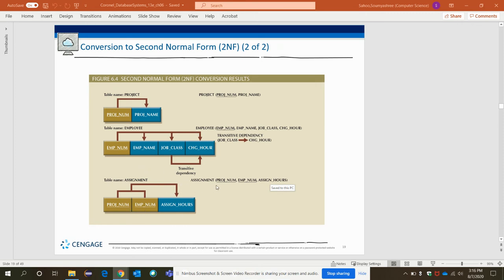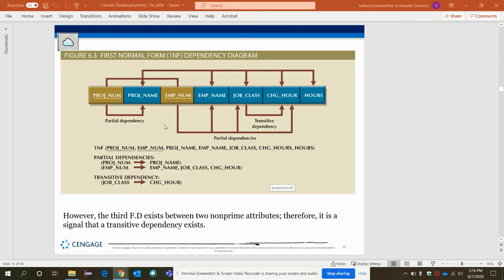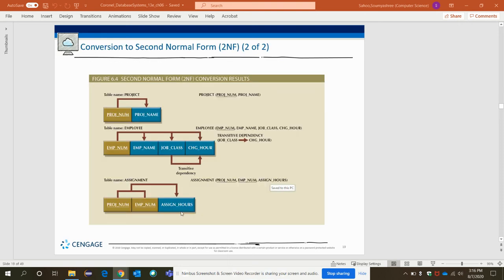While you divide, did you already have this assign hours? No. As per the functional dependency, the first one, project num determines project name, you have a determinant and dependent. For the second one, which was a partial dependency, emp num determines name, job class, and CHG hour, we broke that. Job class determines CHG hour still remains here, no need to break it.